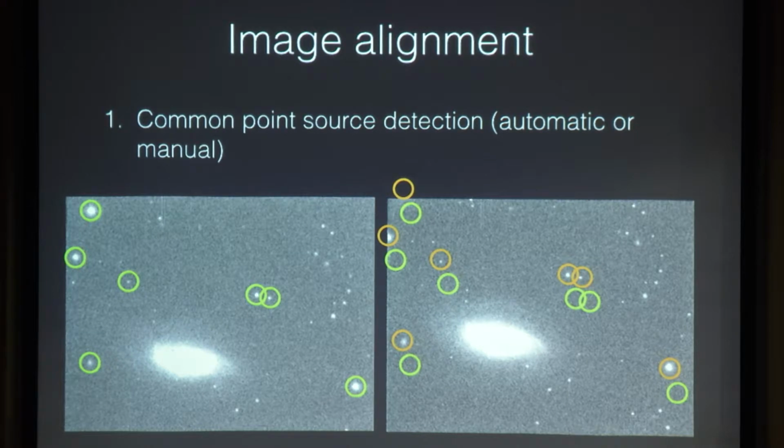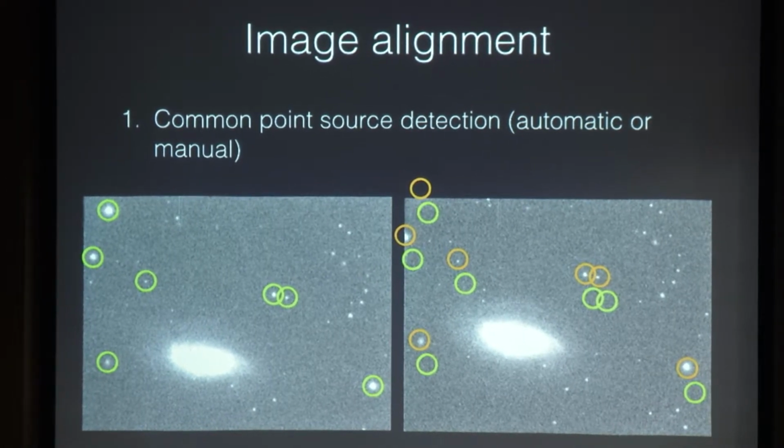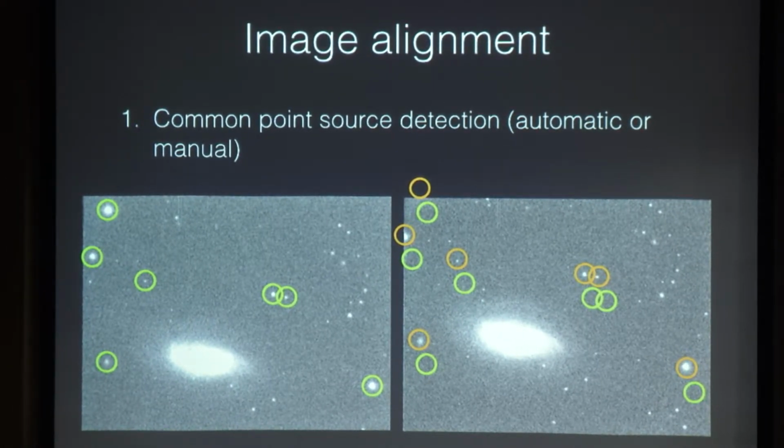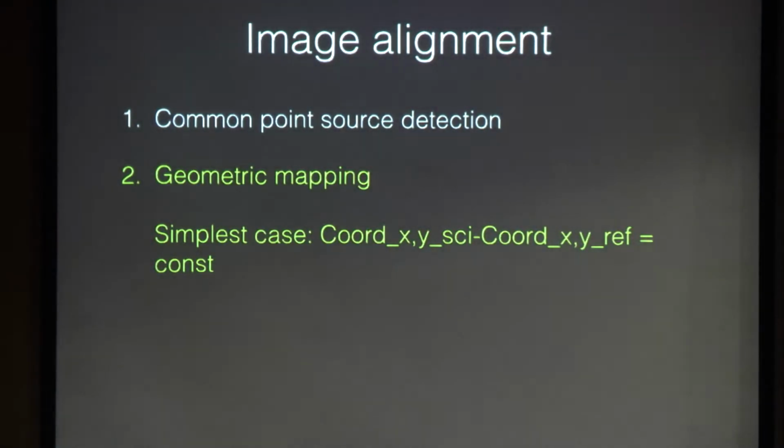From this, it should be fairly clear that one image needs to be shifted down and a little bit to the right. So how can you make this actually happen? These are 2D arrays in your Python code, and this is where all those years you were learning about linear algebra actually come to use, fortunately.